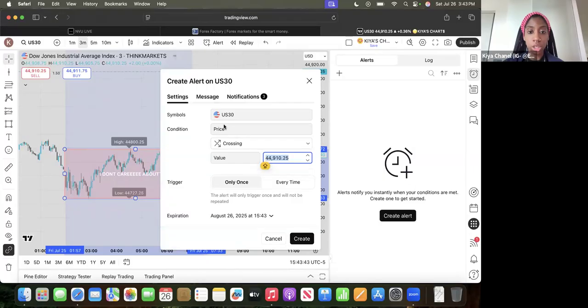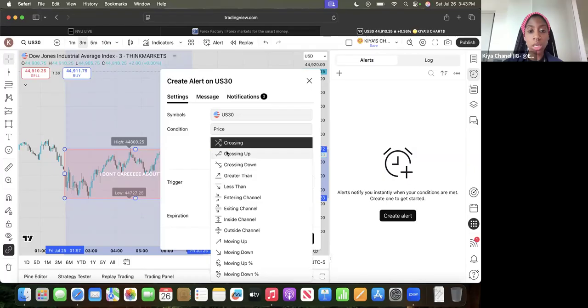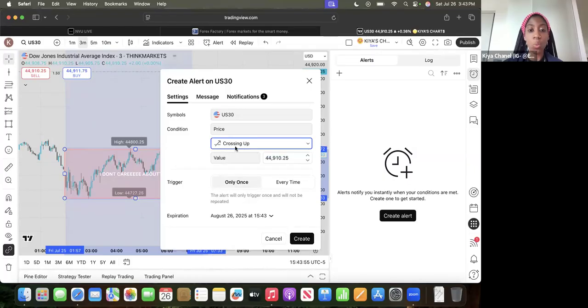You keep it at whatever chart you're looking at, so US 30. The condition is going to be price, and you're going to do crossing up. You're going to make the crossing up what the high is on the chart. So the high for that specific one was 44,800.25.